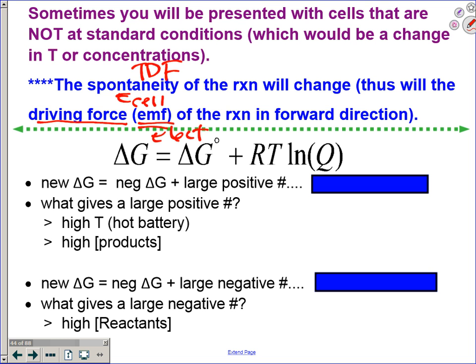Does anybody know what EMF stands for? The electromotive force. We're talking about movement, like the electrons moving, so we say motive. So the driving force of the reaction, the EMF, or the E cell all mean the same exact thing. I know we got like three names for everything in chemistry. But if you change the concentrations or change the conditions, the EMF, the electromotive force, will change. And we do always start off by talking about everything with reference to the forward direction.